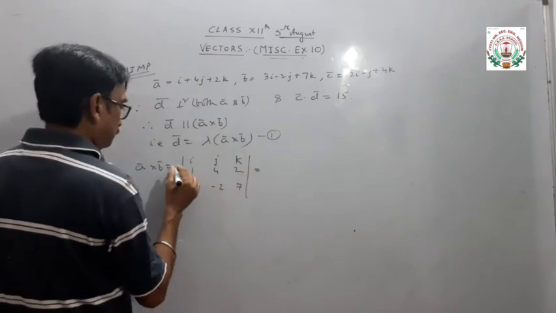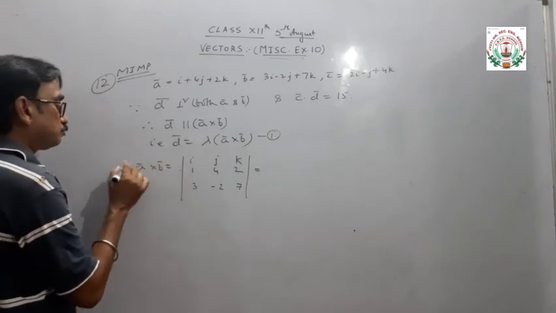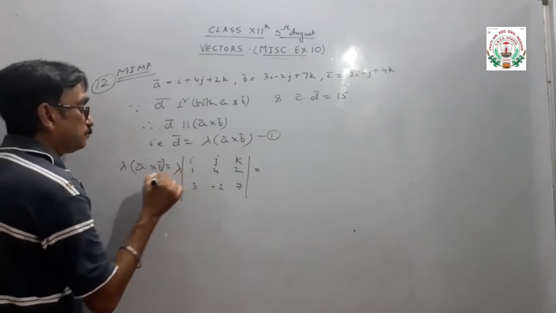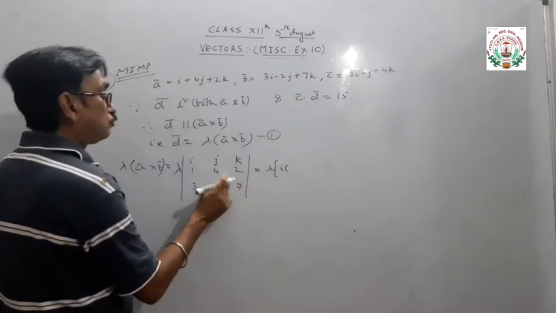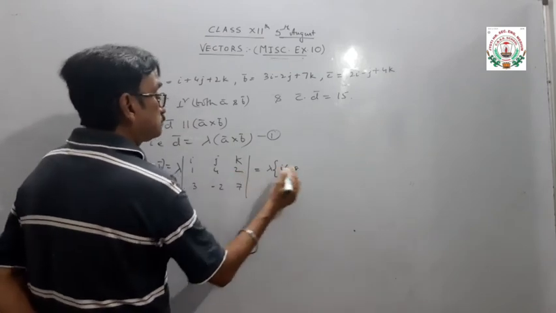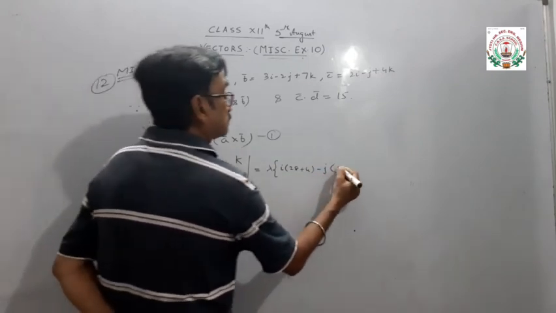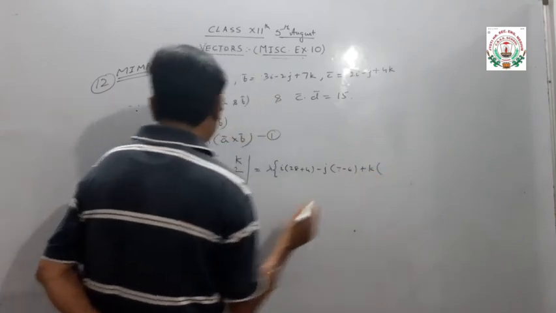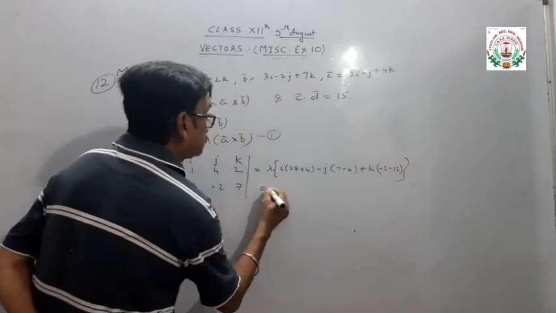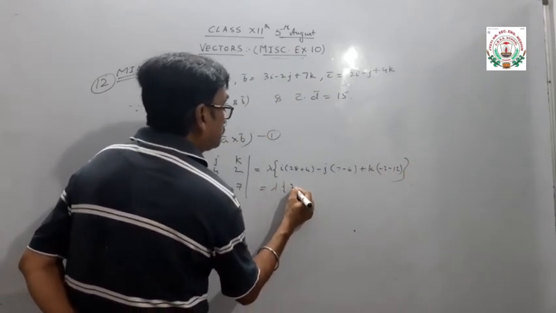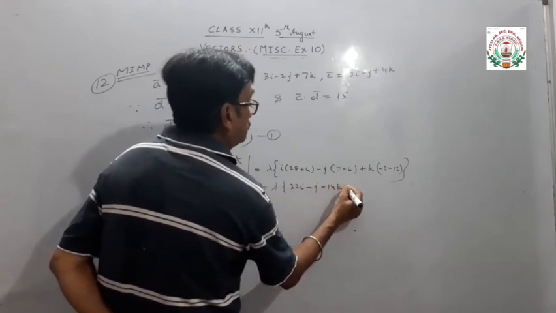So that is lambda of A cross B. Lambda into i, 4 into 7 is 28, and plus 4, minus j, 7 into 1 is 7 minus 6, and plus k, minus 2 minus 12. So that is lambda into 32i minus j and minus 14k.